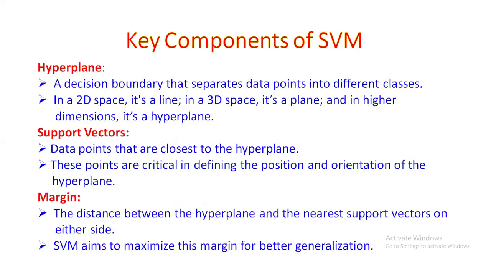The key components of SVMs are hyperplane, support vectors, and margins. The hyperplane is a decision boundary that separates the different classes in feature space. In two dimensions, it is called a straight line, in three-dimensional space, it is called a plane, and in higher dimensions, we call it a hyperplane.